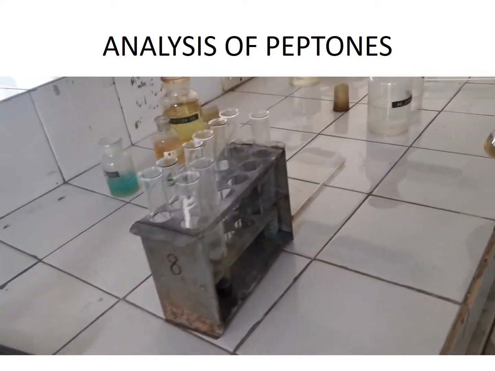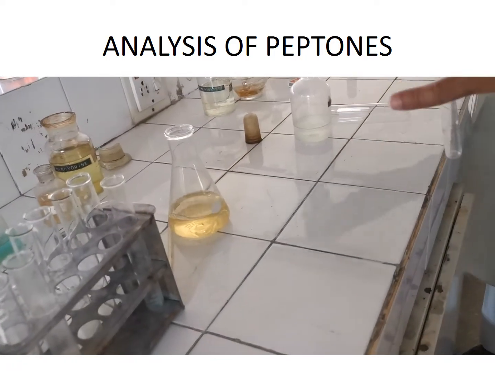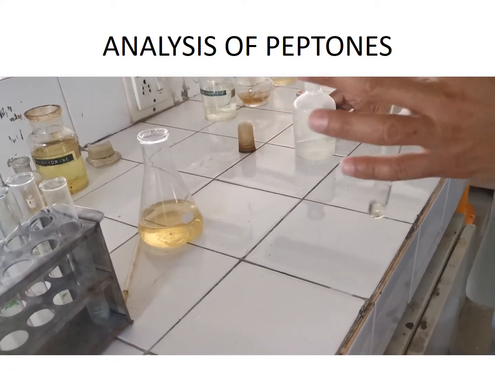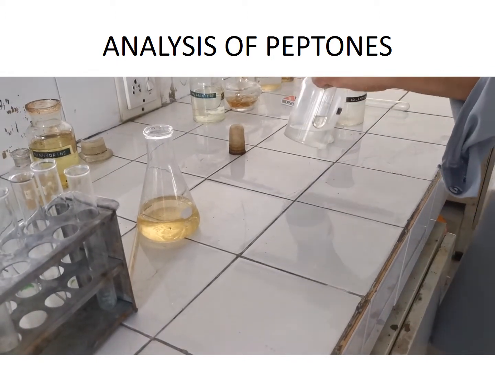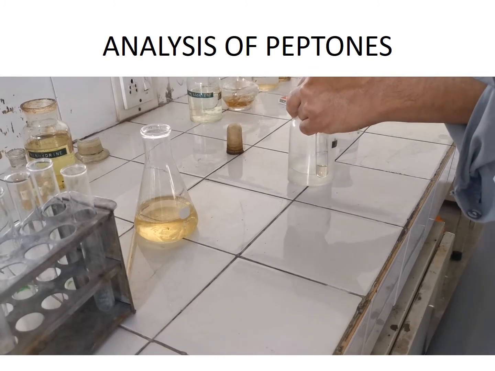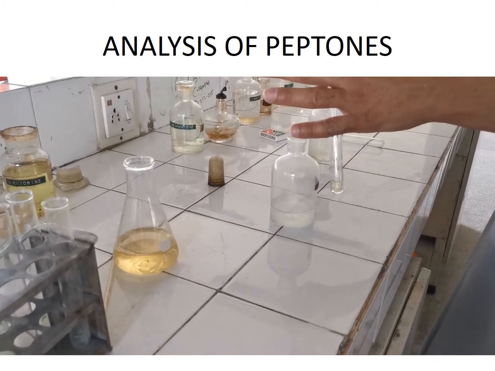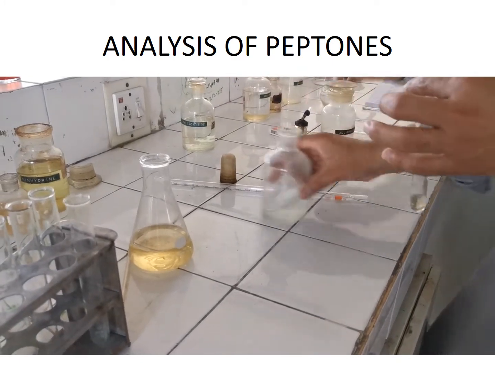Next is the xanthoproteic test, for which we are going to take 2 ml of original solution, few drops of concentrated nitric acid, we are going to mix it and heat it.